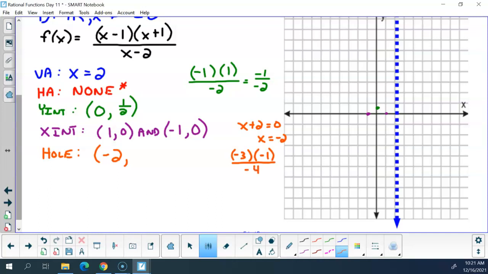I get negative 3/4. So negative 2, negative 3/4.